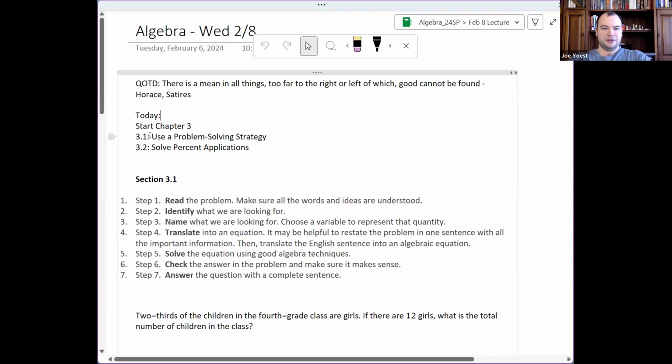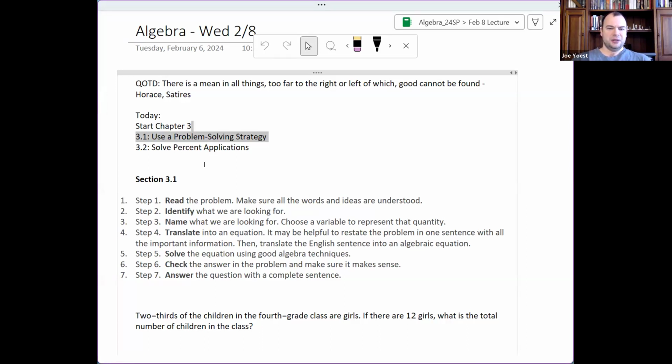All right, so the plan for today is to start chapter 3, particularly 3.1 and 3.2. So 3.1, just introducing the idea of having a problem-solving strategy. Chapter 3 is about application problems, or what we might call word problems, and that's a topic that some folks kind of struggle with a little more than other topics.